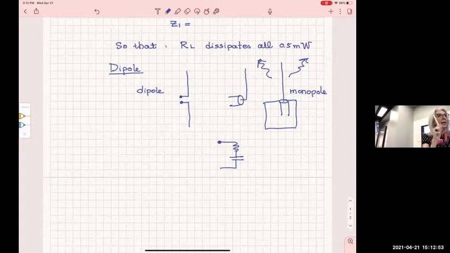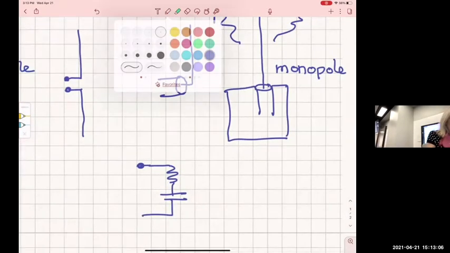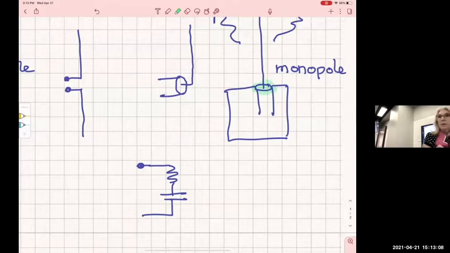What did we say when we did electrostatics and magnetostatics, electrostatics specifically? What did we say about a coaxial? What happens around here? Do we not say that there is a capacitance? At the end especially, there is a capacitance because charges come and accumulate at the end as you feed the dipole.